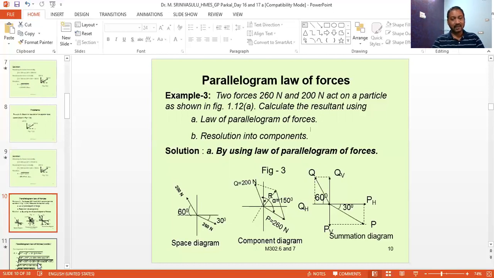So in the problem they may give the angles. Some of the angles will be given with the y-axis in the problem.